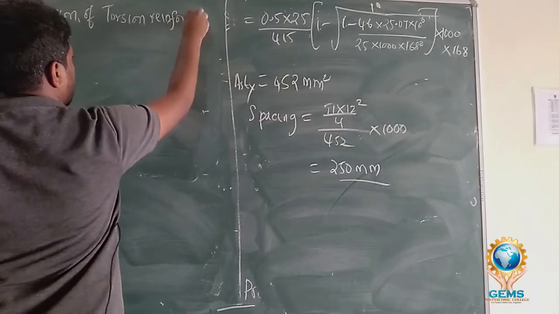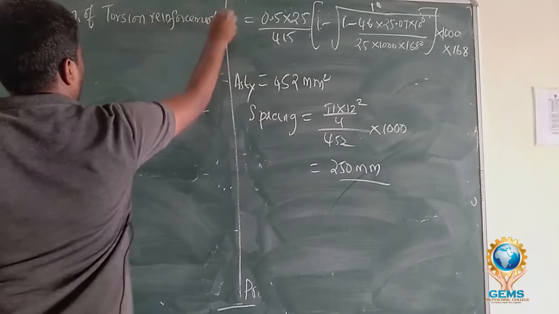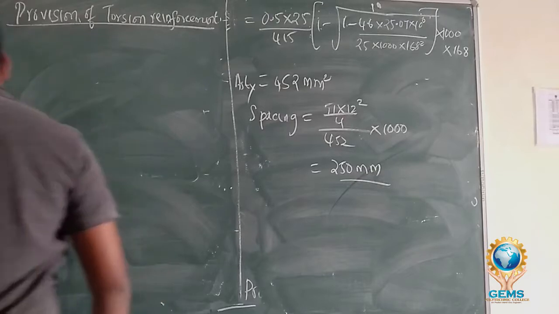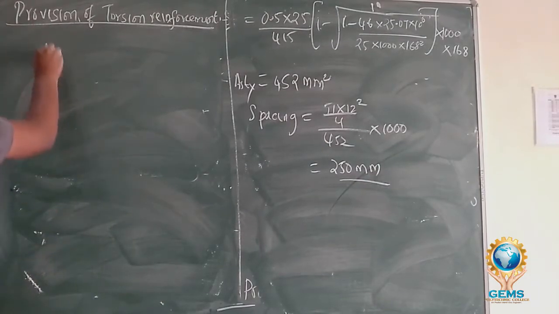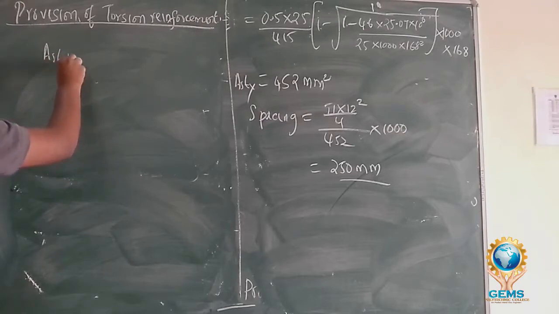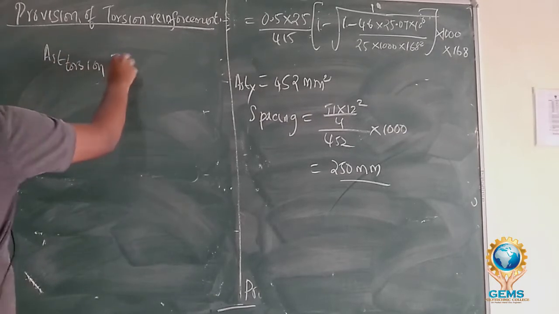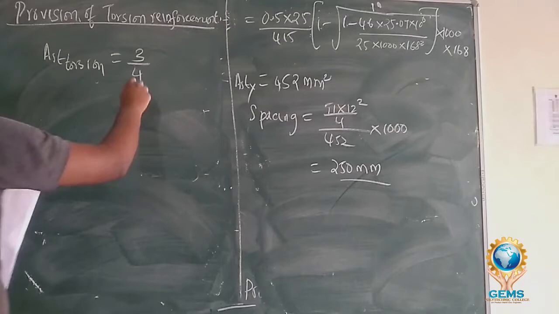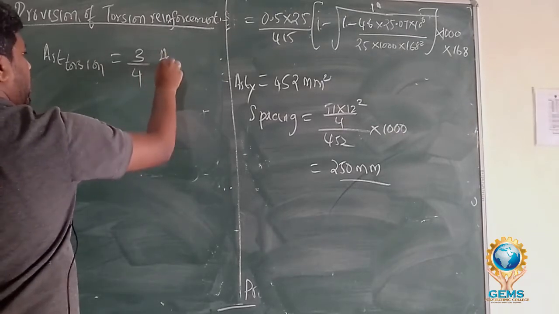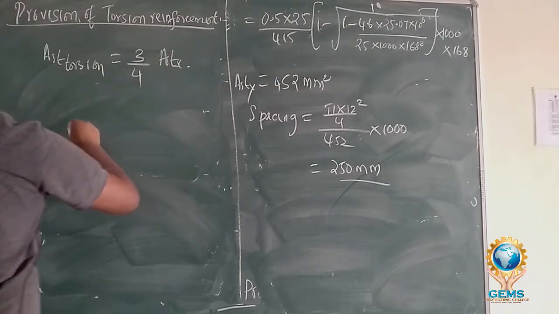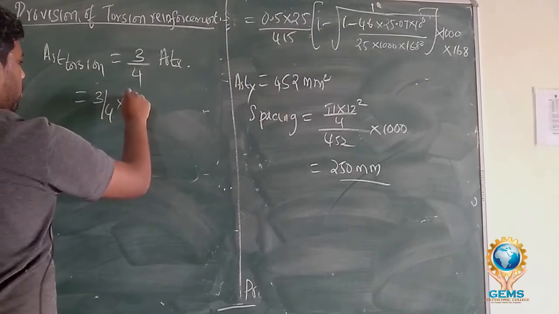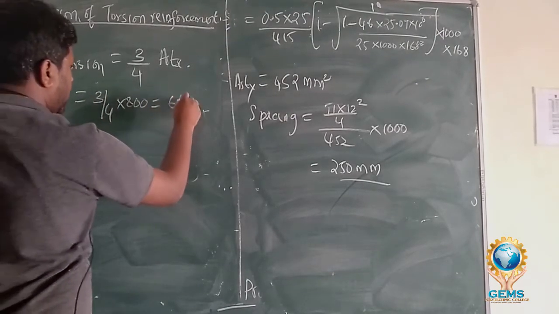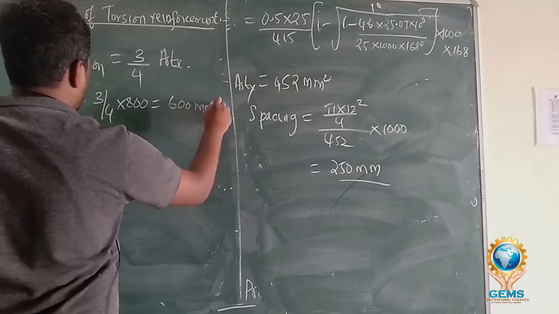So in case of D 1.8, as I already told you, the area of steel for torsion is 3/4 into area of steel in x direction. Area of steel in x direction is 800, so that is equal to 600 millimeter square.